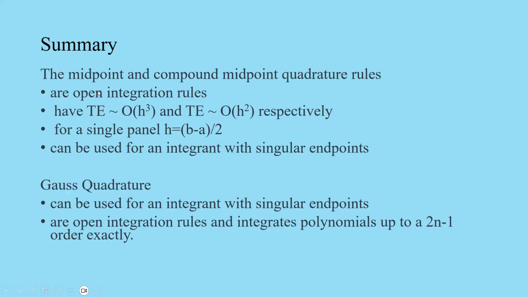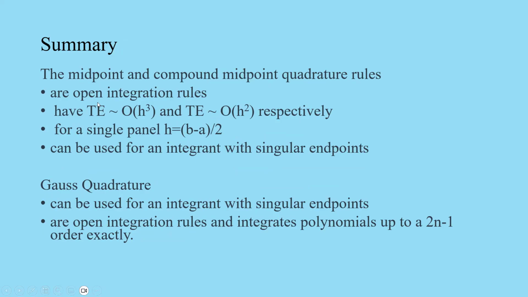This is about the other methods of the Newton-Cotes family: the midpoint and the compound midpoint. These are open rules, okay, and we can apply these methods for integrands with singular endpoints.